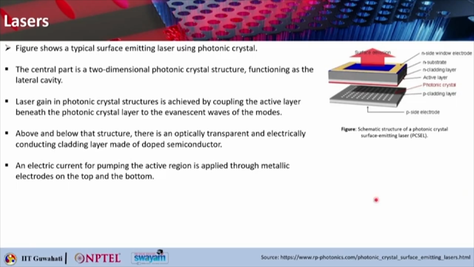An electric current for pumping the active region is applied through the metallic electrodes on the top and bottom. On the laser emission side, that is the top side, the electrode covers only a small area, as you can see here, and usually it leaves an opening or a window, say a rectangular region with dimensions of the order of 10 micron to 100 micron.